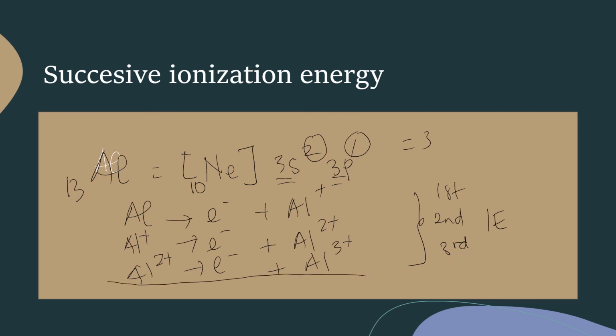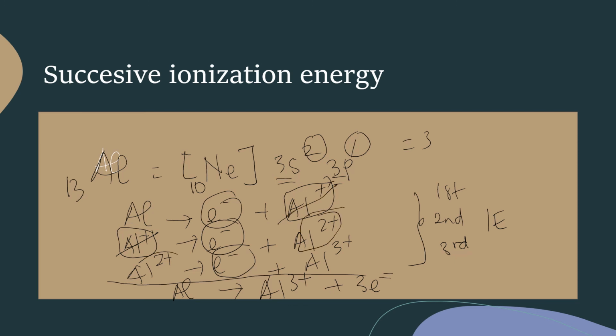These 3 ionization energies are needed to change an aluminum atom to an Al3+ ion. The electrons on the right hand side and the left hand side cancel out, so this is what we have. This is the first, second, and third ionization energy, the successive ionization energy of aluminum.